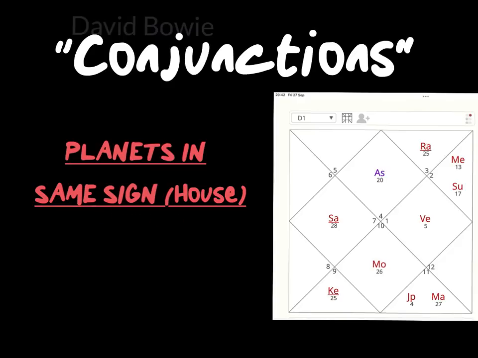Remember everybody, the sign, the RASI carries the karmas. This is why planets in the same sign are sharing similar karmas. They are combining together to bring events, circumstances, situations that we have to face. So when we see planets in the same sign, this is really important.